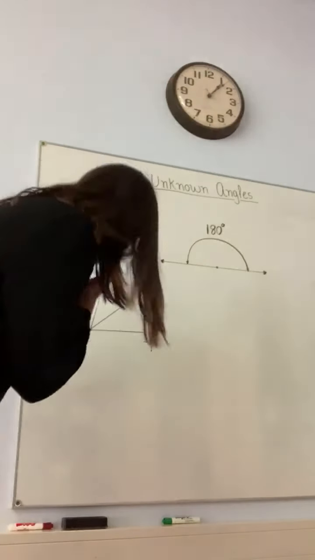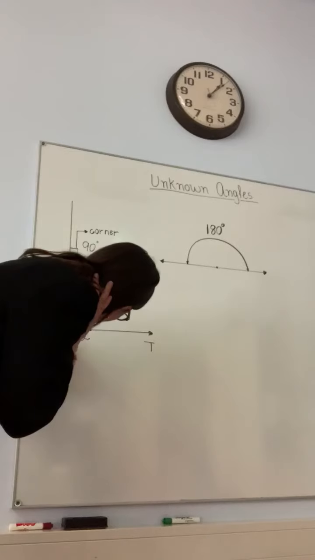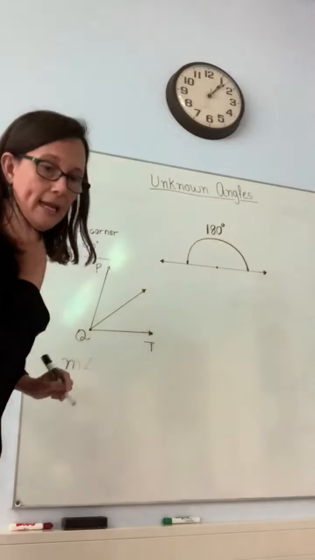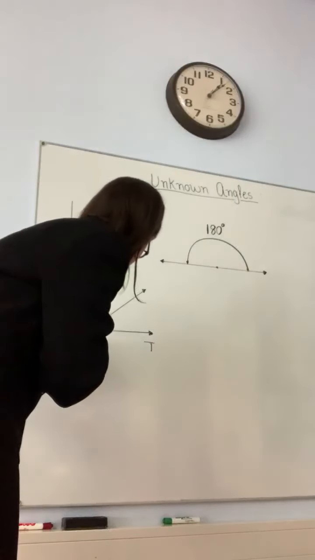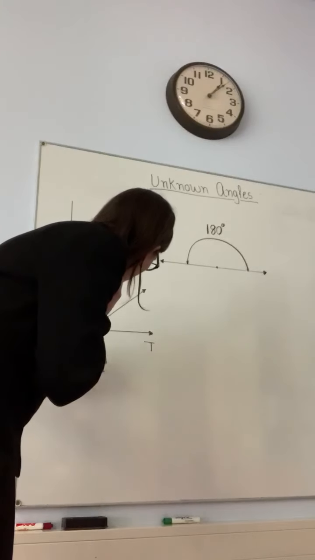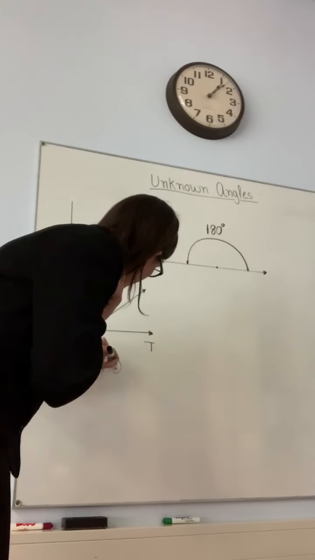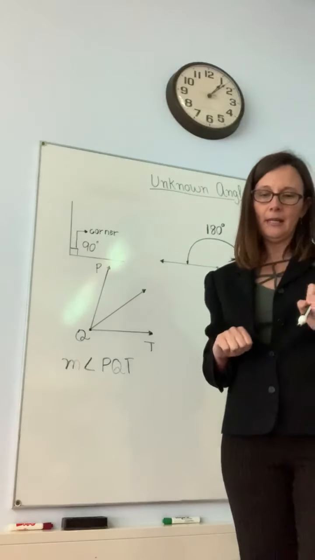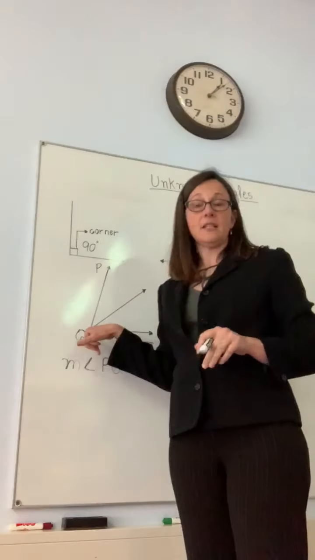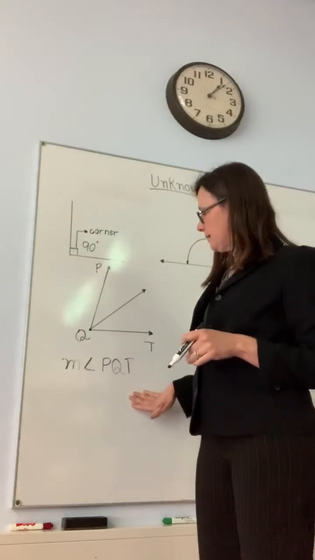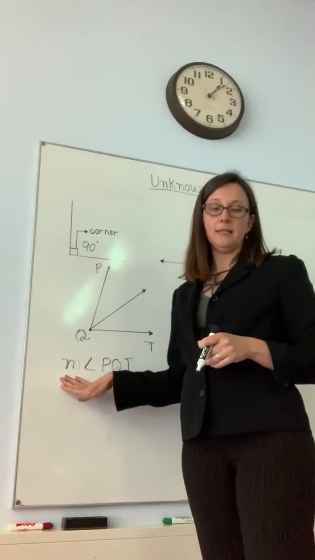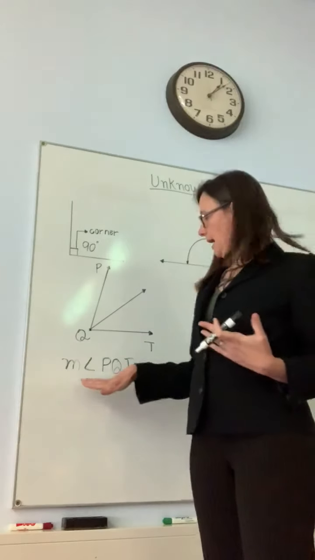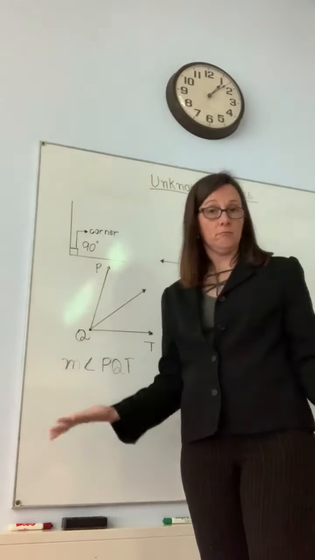When you see this angle, you're always going to see this letter M with the angle sign and then the letters. And notice that the angle in the vertex is always in the middle. So how do I read this? What does the M stand for? It stands for measure. That means how many degrees the angle PQT has.